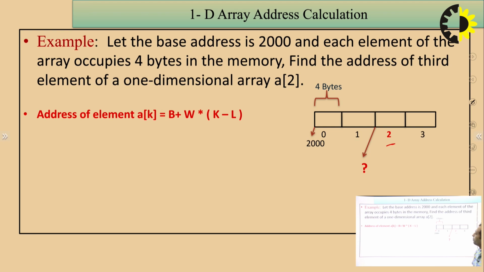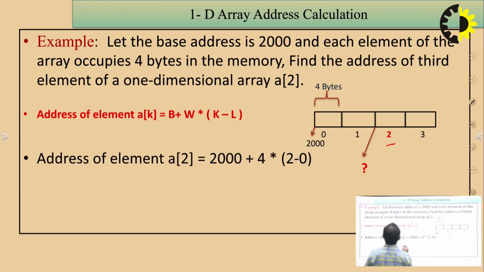Here the value of B is given, the value of B is 2000, the value of W, the word size, is 4, K is 2 and L is 0, the starting array index.